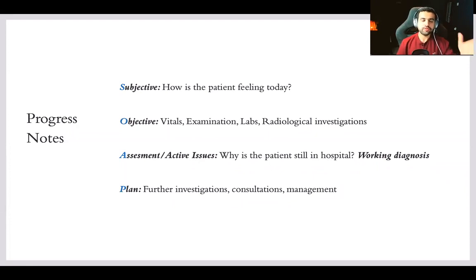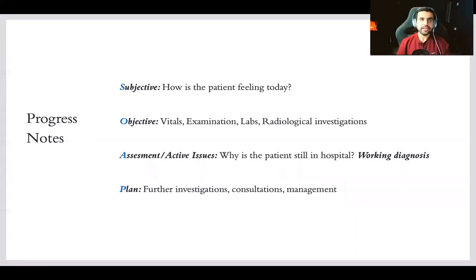You will do your vitals and examination every day for every patient. This is very important because you want to compare to the day before. It gives you a picture of an improvement, or, for example, unfortunately, if the patient is worsening. The A, so this is the assessment or the active issues.